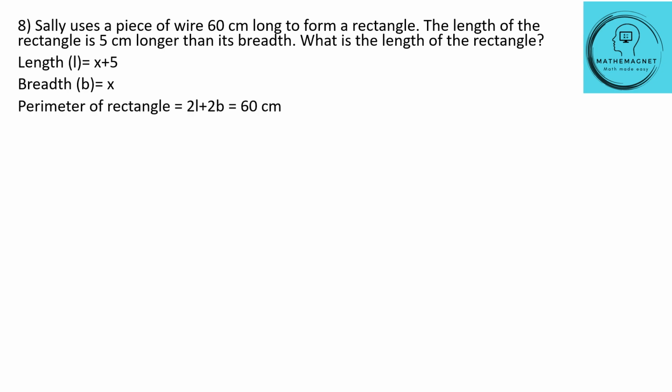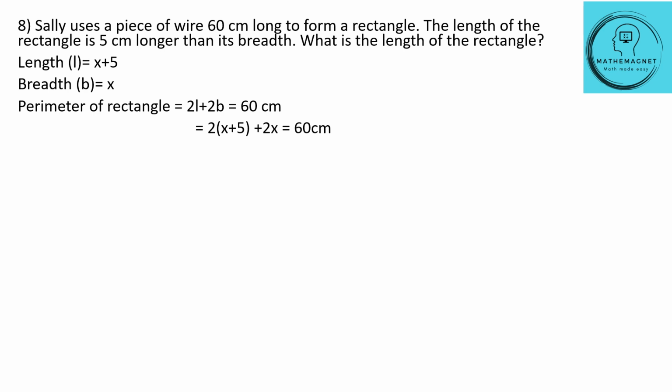Now perimeter, how do we calculate the perimeter of a rectangle? That is 2 times length plus 2 times breadth, and they have given 2L plus 2b is equal to 60 centimeters. Now we know L is x plus 5 and b is x.